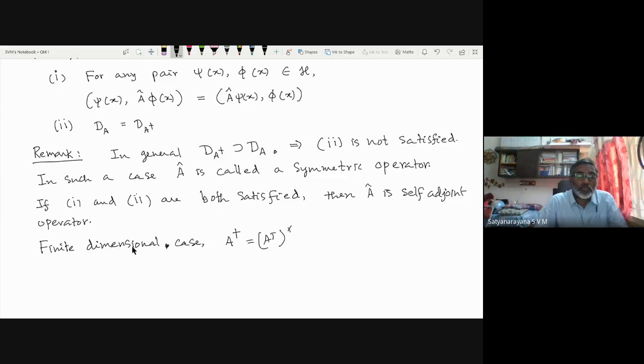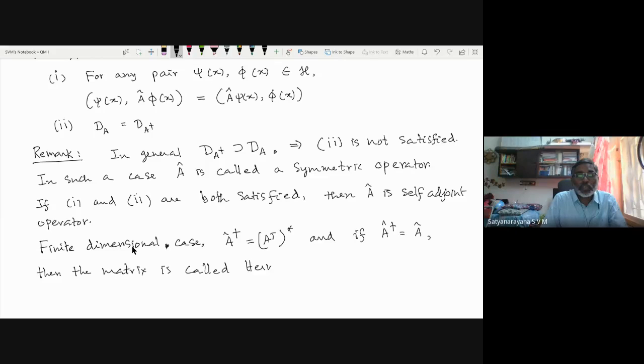That's what we have said, Hermitian conjugate. Okay. And if A dagger is equal to A, then the matrix is called Hermitian.